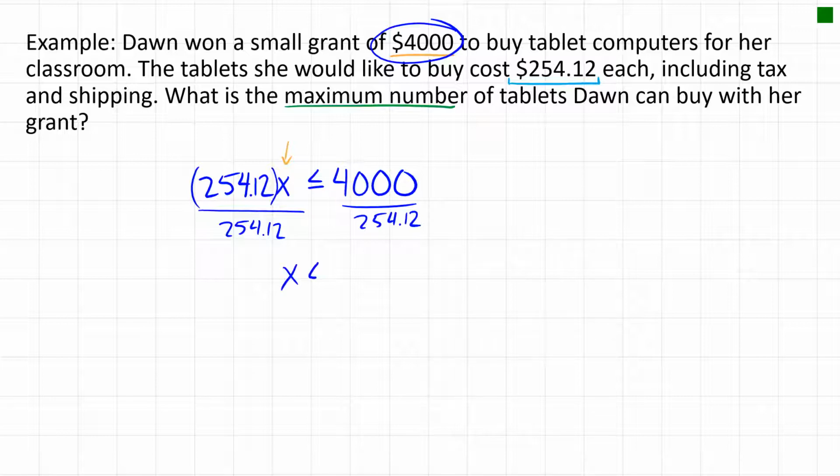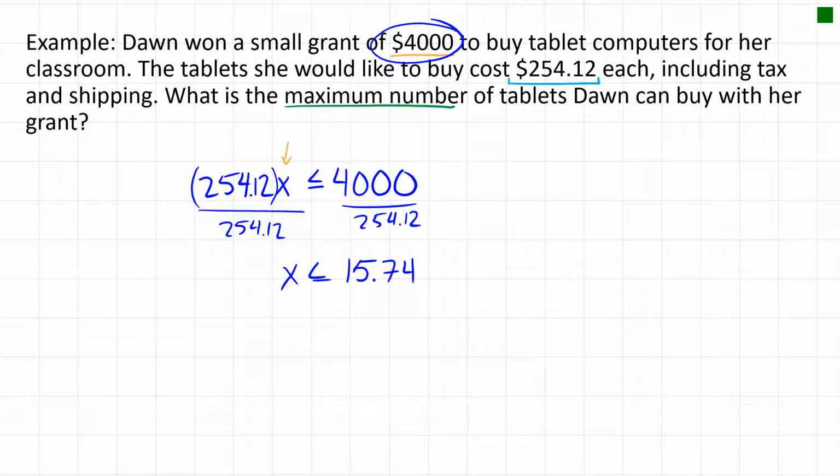And then we get that X is less than or equal to, and I'm going to do this one in my calculator because there's no way I'm doing that in my head. And I get that X must be less than or equal to 15.74. I'll round to 2 decimal places. So X must be less than or equal to 15.74.